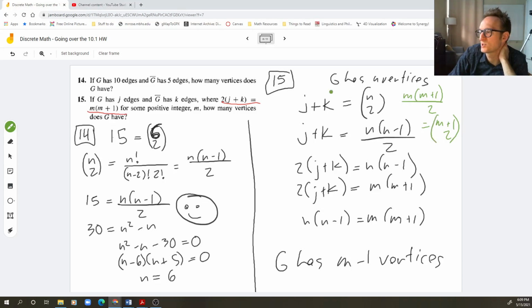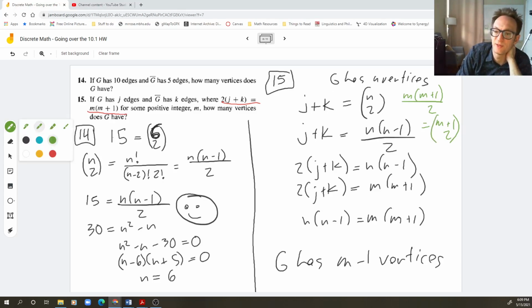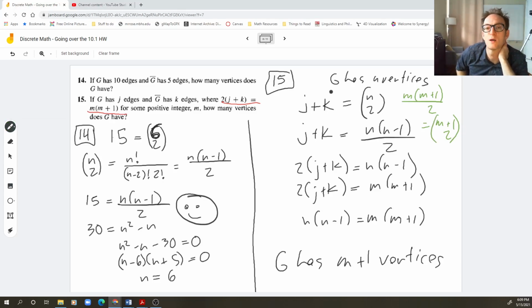Wait, so did I just screw this up? I actually just screwed this up. So the answer is m plus 1 vertices. Yeah, G has m plus 1 vertices because in fact it is m plus 1 choose 2, which is m plus 1 times m over 2. Yeah, so okay, great. That was a little bit embarrassing.